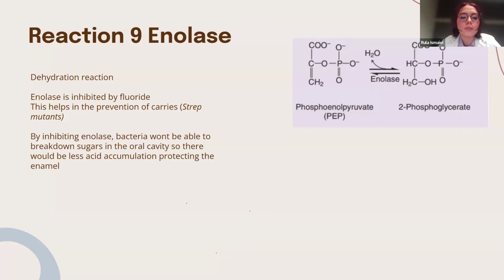So you inhibit enolase in the bacteria in the oral cavity. Obviously, the fluoride is not being absorbed in your blood. The bacteria can't break down sugar, so it can't cause caries. That's all the takeaway you need to know. I don't think you need to know the mechanism, but just know it's used in toothpaste and inhibits this enzyme.